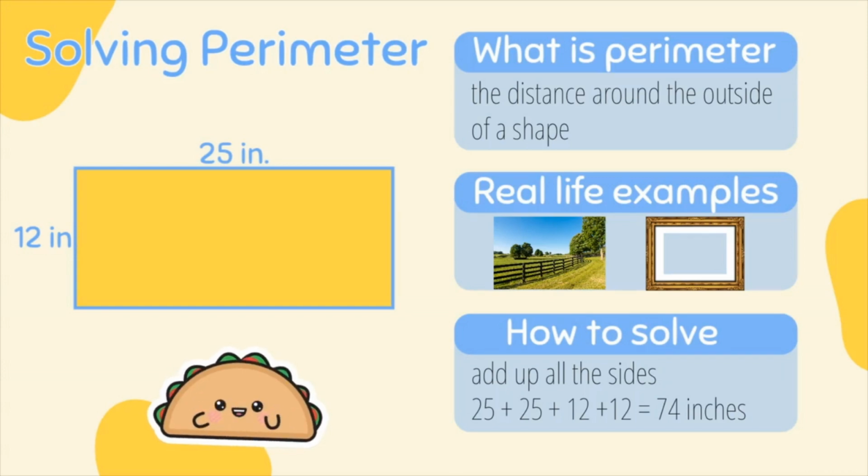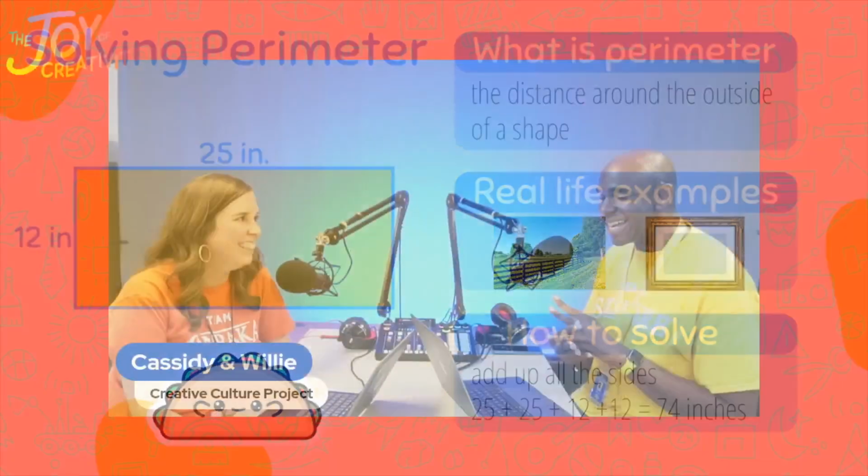So although it doesn't have it labeled all the way for me, I know that I need to add up 25 twice and add up the 12 twice, and then add all four numbers together. So 25 plus 25 plus 12 plus 12 equals 74 inches for the perimeter of this shape. And that's how you solve perimeter.